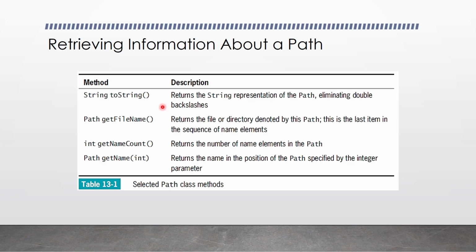Basically, this is the list of path elements separated by copies of the default separator for the operating system. The getFileName method returns the last element in a list of path names. Frequently, this is a file name, but it might be a folder name.